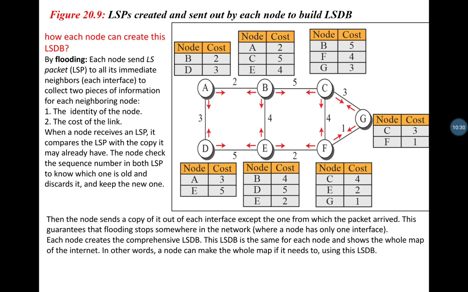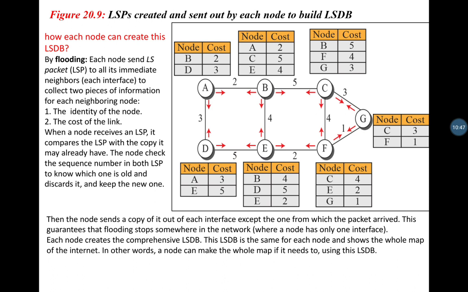So here you can see, with respect to those different nodes as the root node, these are the distances. The immediate neighbors and the cost are entered.